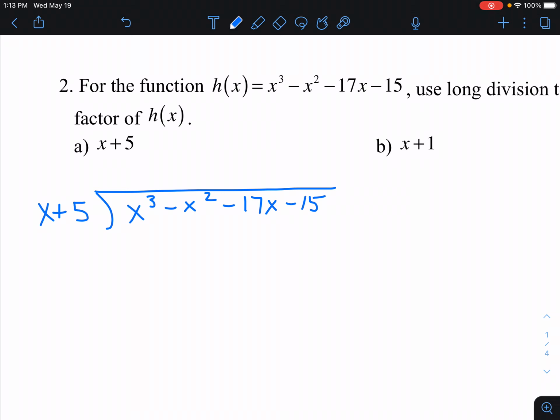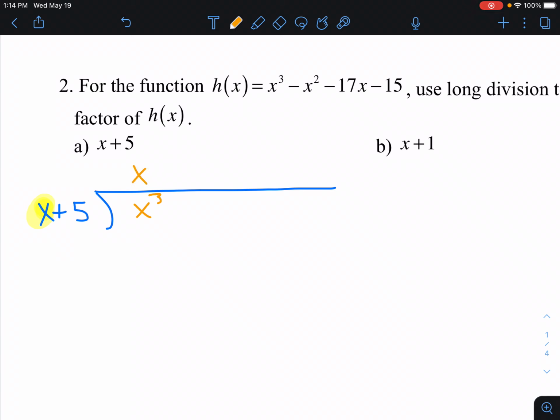So here's what we're going to do. The division part is always going to be dividing by x in this problem. Actually, let me clean this up a bit and color code it for you guys. So let me start off with the first part. x to the third power divided by x is x squared.